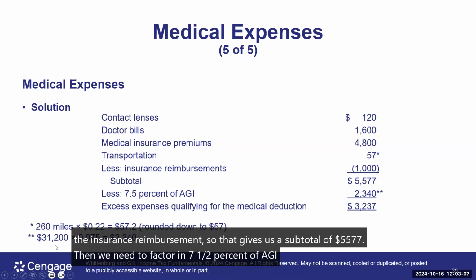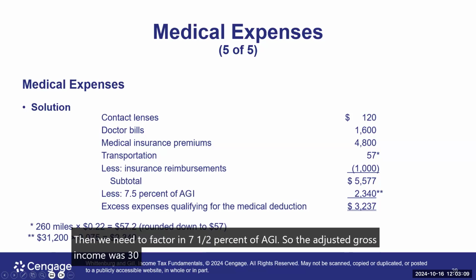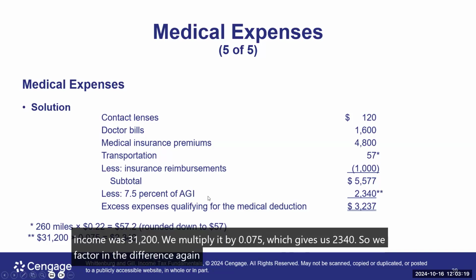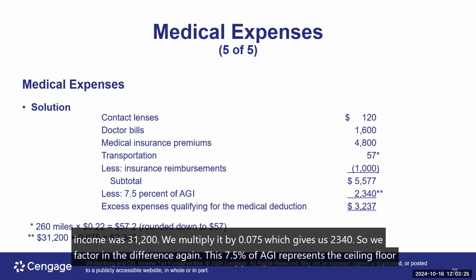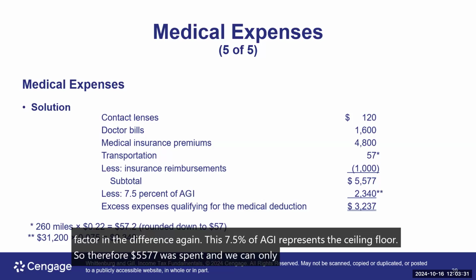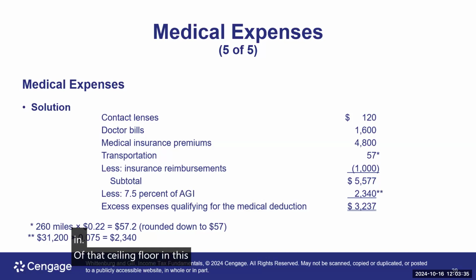Then we need to factor in 7.5% of AGI. So the adjusted gross income was $31,200. We multiply it by 0.075, which gives us $2,340. So we factor in the difference. Again, this 7.5% of AGI represents the ceiling floor. So therefore, $5,577 was spent, and we can only claim deductions that are in excess of that ceiling floor in this case, which is $2,340.